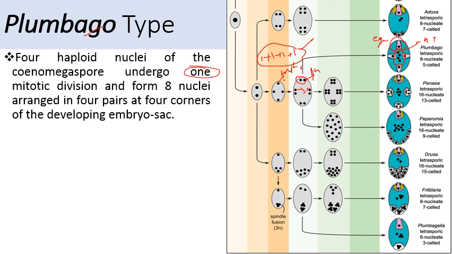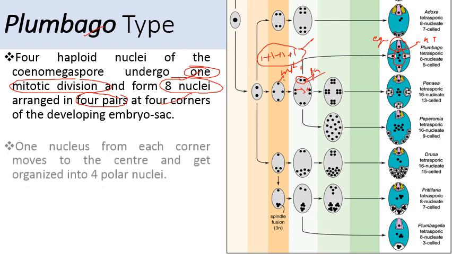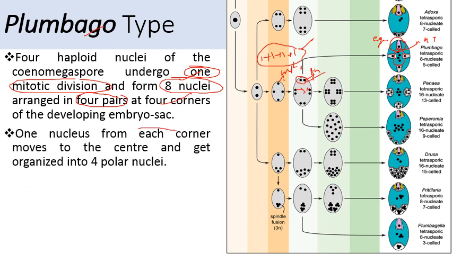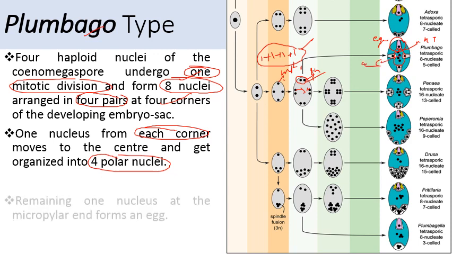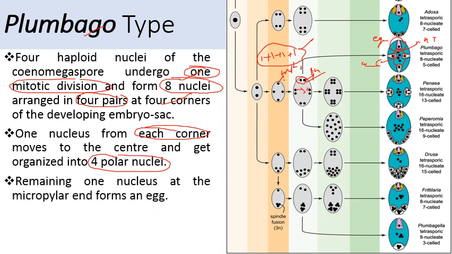इसमें एक ही mitotic division होता है, results in formation of 8 nuclei. 8 nuclei बनते हैं arranged in 4 pairs at 4 corners that we can see in this image of the developing embryo sac. One nucleus from each corner will move towards the center and get organized into 4 polar nuclei. और यहाँ पे 4 polar nuclei बनेंगे central cell में. The remaining one nucleus at the micropylar end will form an egg apparatus or egg, a single egg.